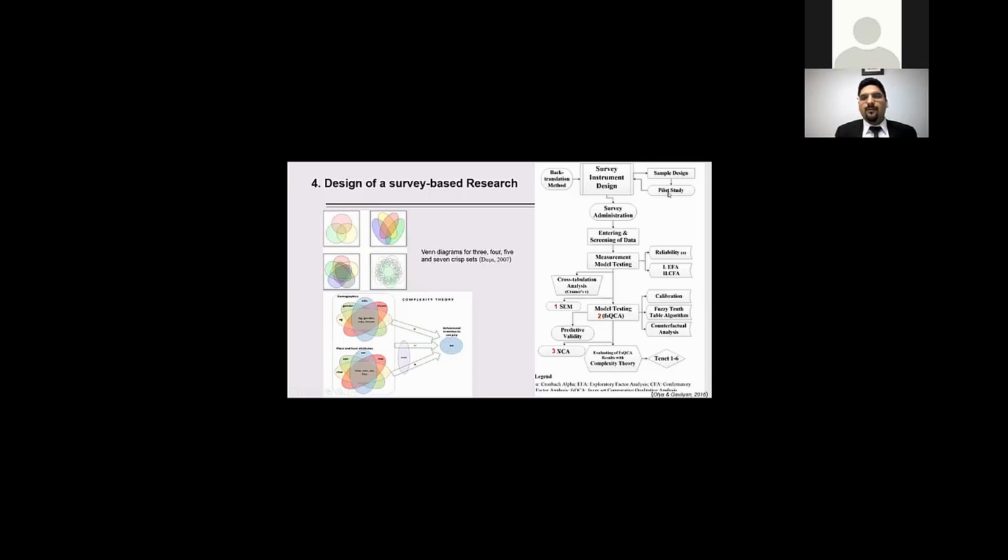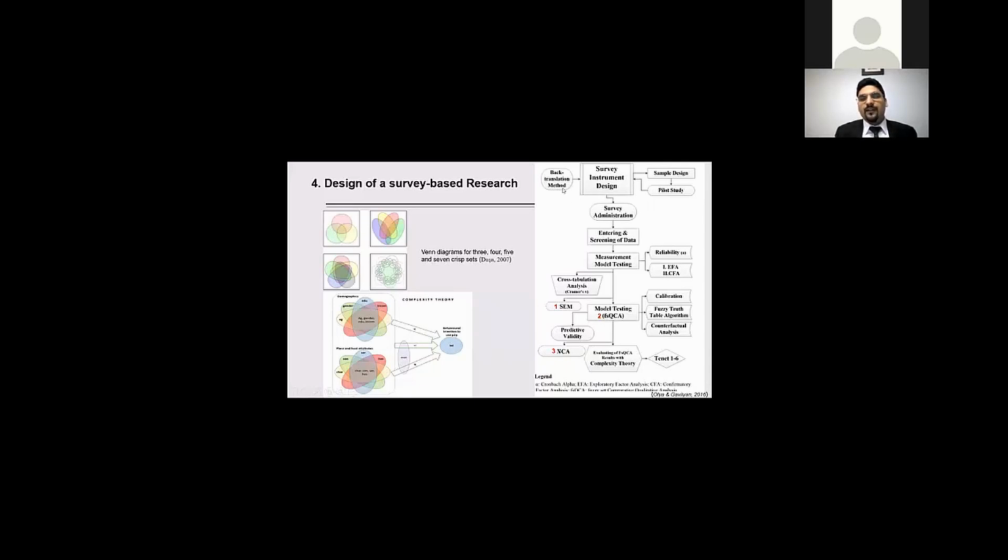Then you need to do a pilot study to see what are the ambiguities and possible problems in doing your research. If the language of your scale items is not English, then you need to apply the back translation method.